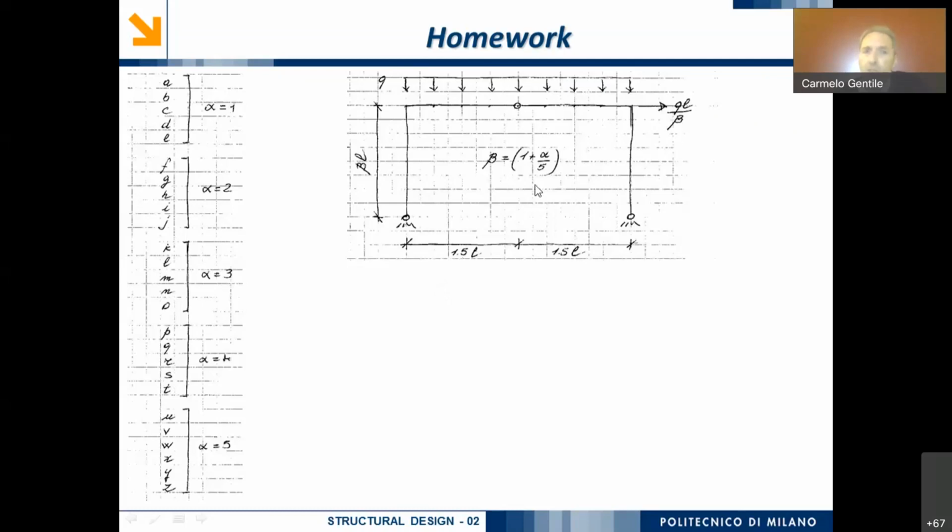The structure is subjected to a uniformly distributed load, and you can see that the height of the column is beta L, and the value of this action, QL over beta, depends basically on beta. Beta is equal to 1 plus alpha over 5.